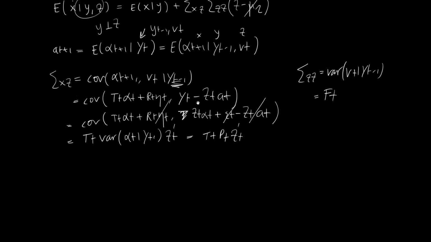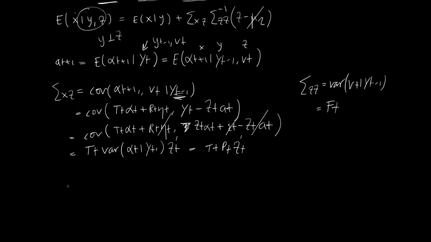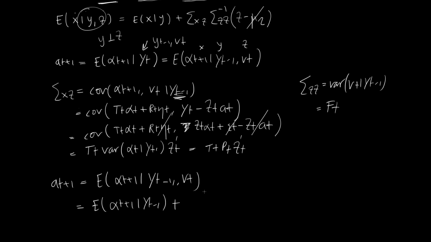Okay. So now, if we write down A_{t+1} again, it equals the expected value of alpha_{t+1} given Y_{t-1} and V_t. We use the lemma now, which says it is the expected value of alpha_{t+1} given Y_{t-1} plus the covariance matrix, which is T_t P_t Z_t prime, times the inverse variance matrix, F_t inverse, times V_t.